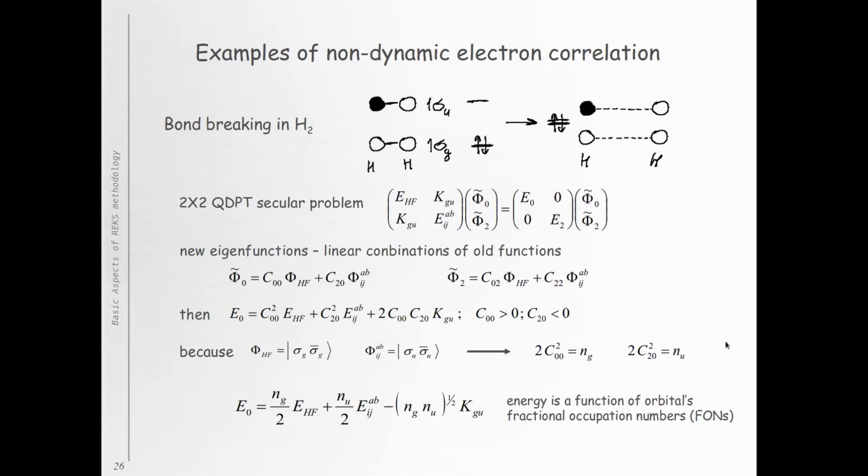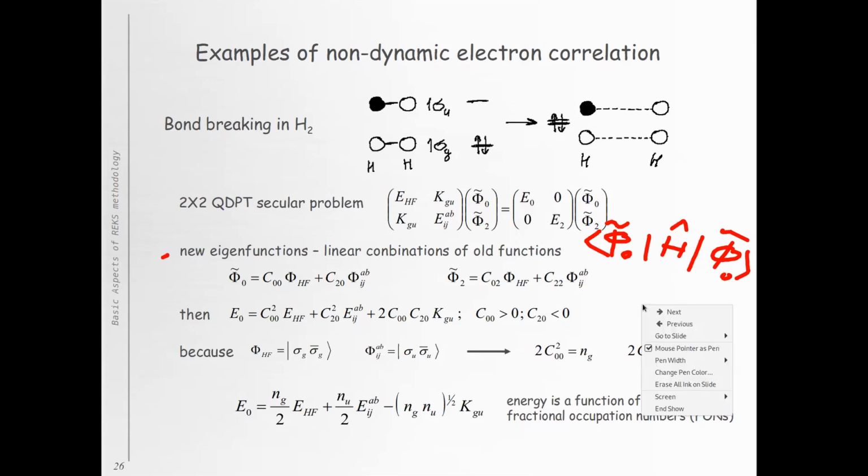I simply take phi naught tilde, Hamiltonian, phi naught tilde. So that's what I do here, and I plug this expansion into this expression for the energy. So the energy of the lowest electronic state in this case.